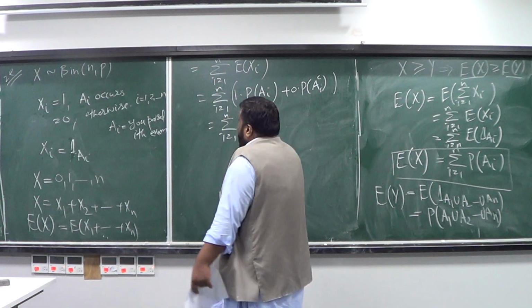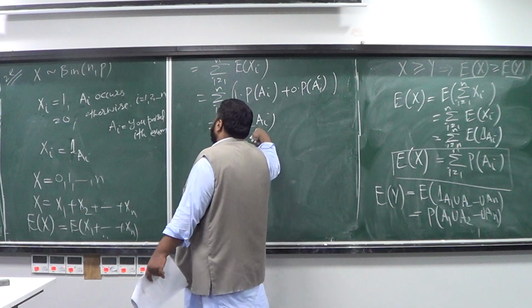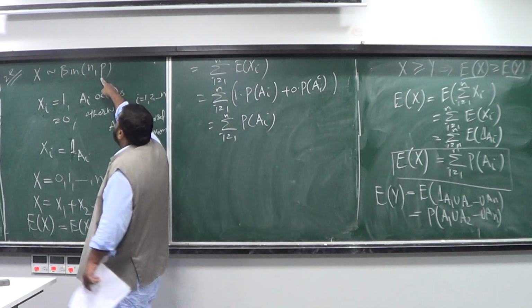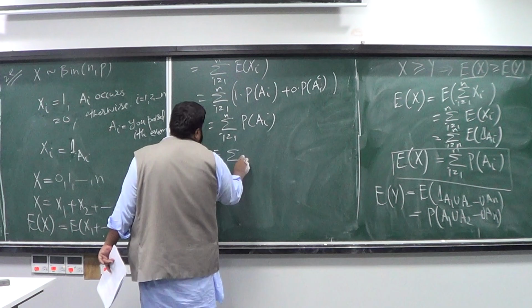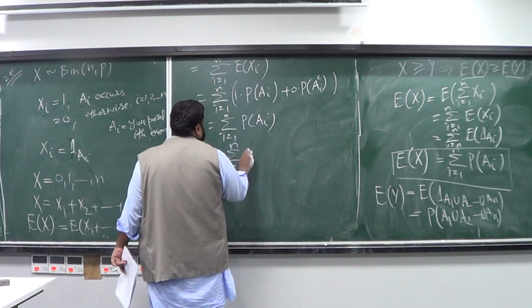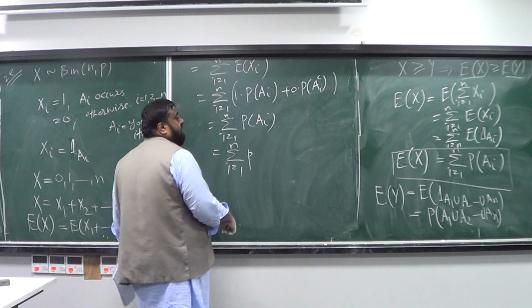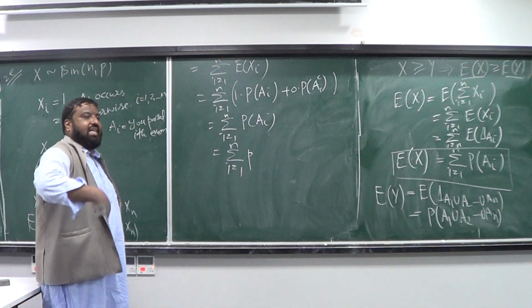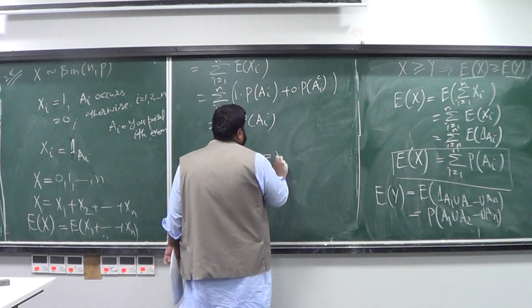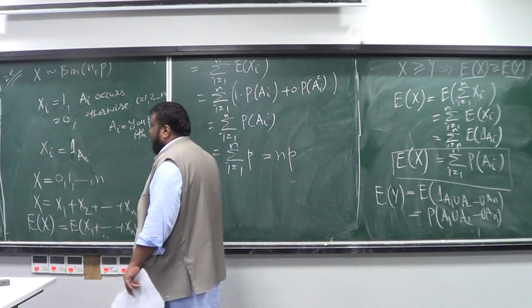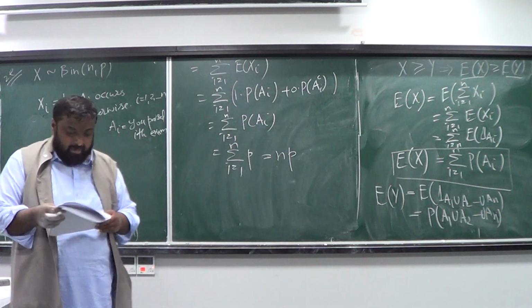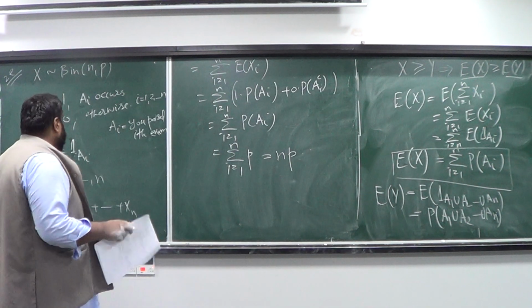But we know the probability of passing the ith exam is precisely p. So this is the same as the sum from i equal to 1 to n of p. In other words, you are adding p n times, so this is equal to precisely np. So what did you see?